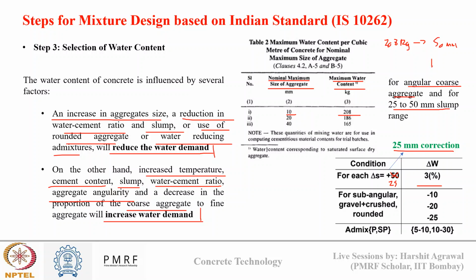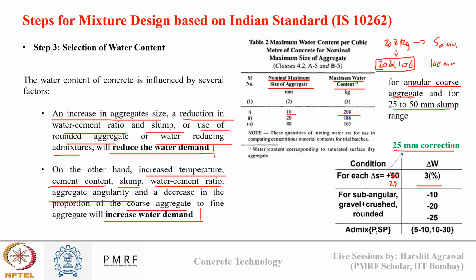Now suppose I want my concrete to have 100 mm slump at fresh state. So I need to increase this value by 6%. So it will be 208 times 1.06. So this much water I need to take, assuming that I have angular coarse aggregate. So this is for slump increase.